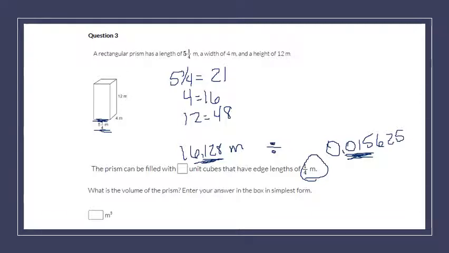Sorry, not divide, multiply by that. So let me do 28 times 0.015625. So the area of this prism is 262 and 800ths meters cubed.